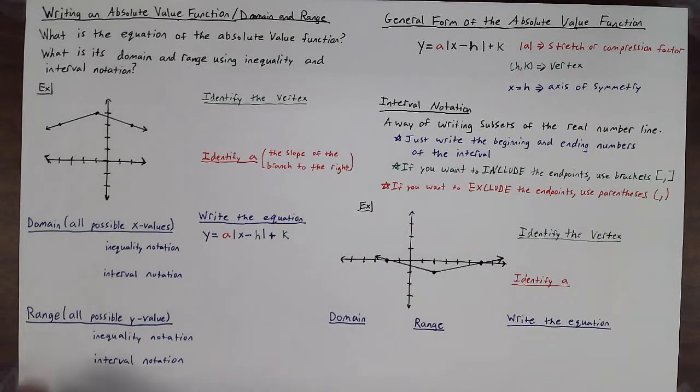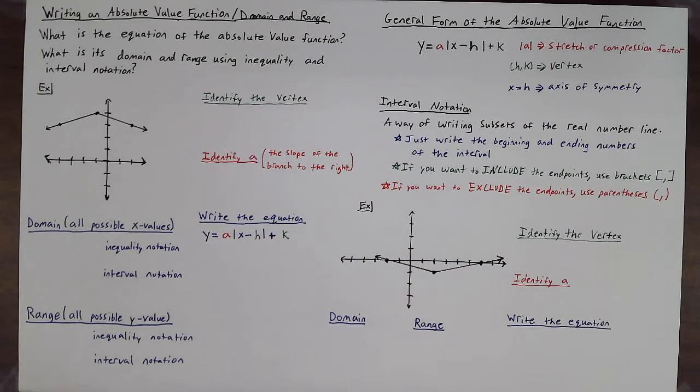So when I look at this example on the left, we're going to find out what is the equation of that absolute value function, and then we'll identify its domain and range using interval and inequality notation, which I'll go over in just a minute.